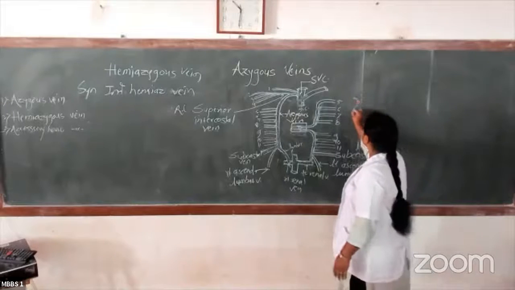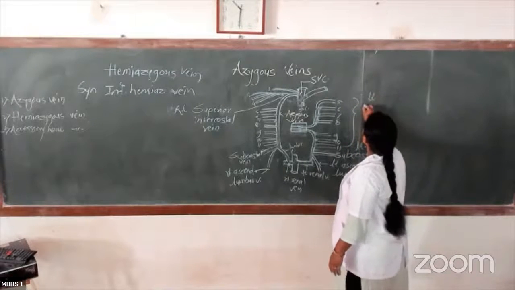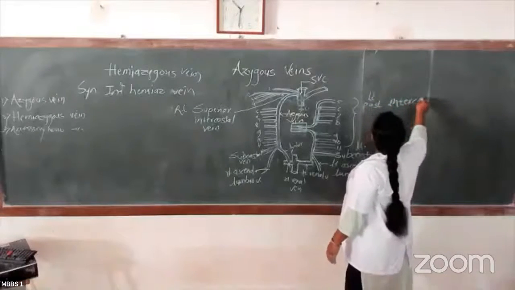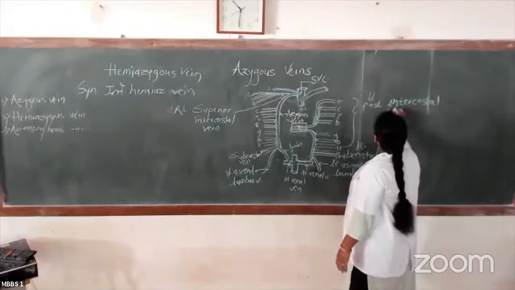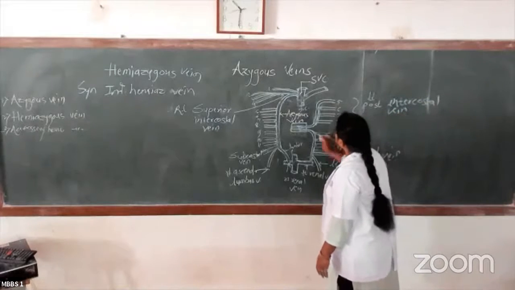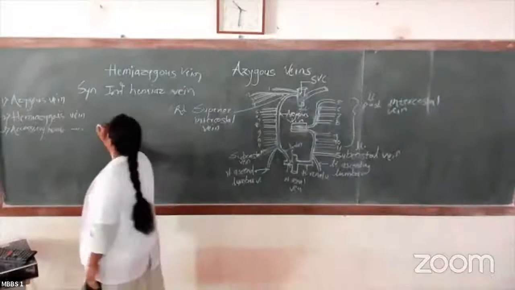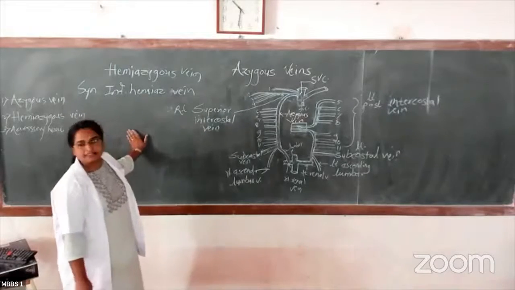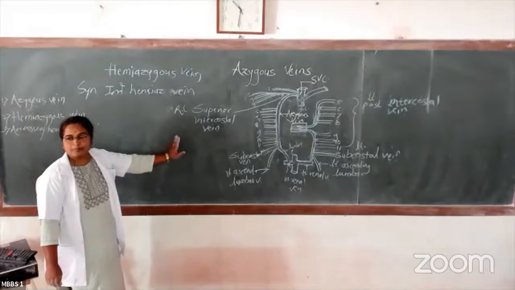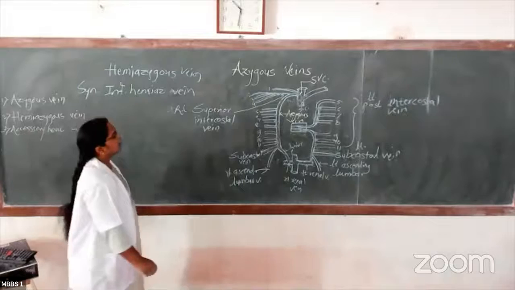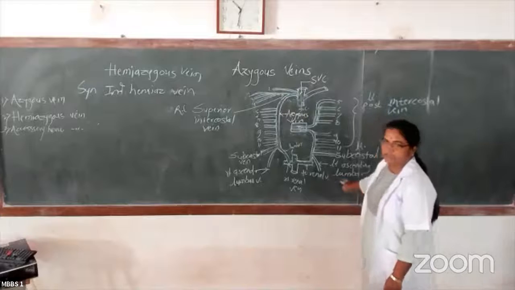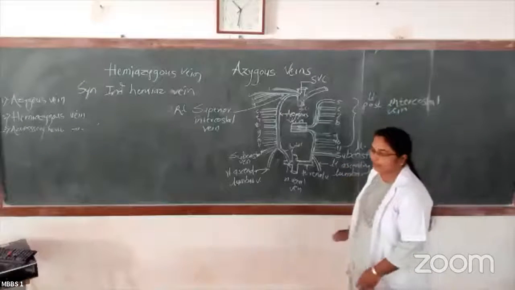So the tributaries of this hemiazygous vein are the lower three, that is 9th, 10th, 11th left posterior intercostal veins. Next, left ascending lumbar vein and left subcostal vein.